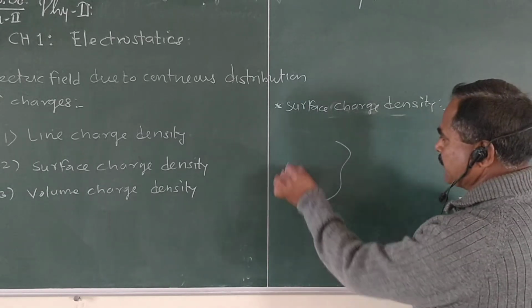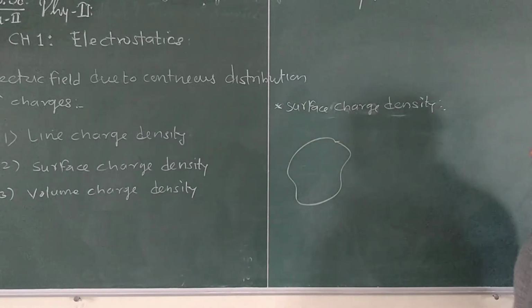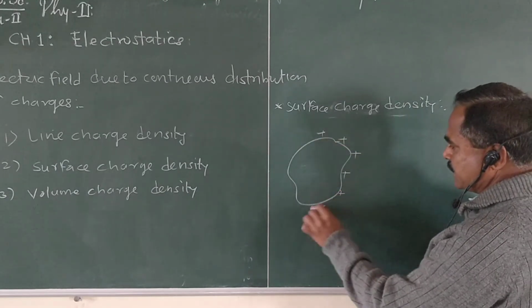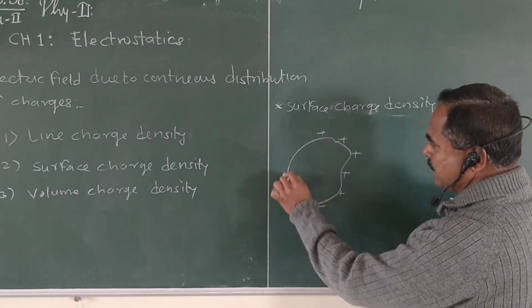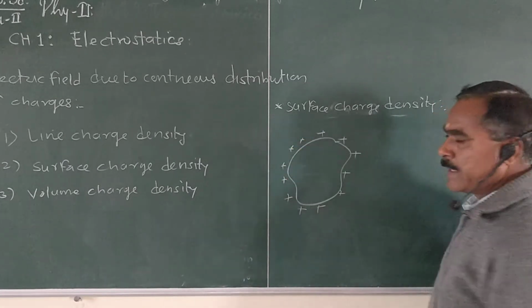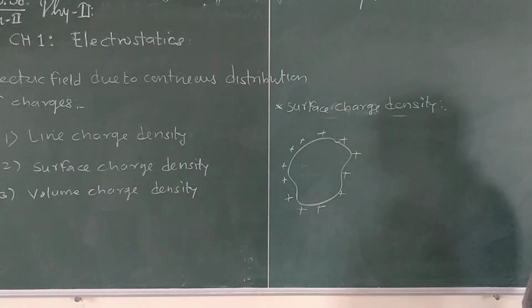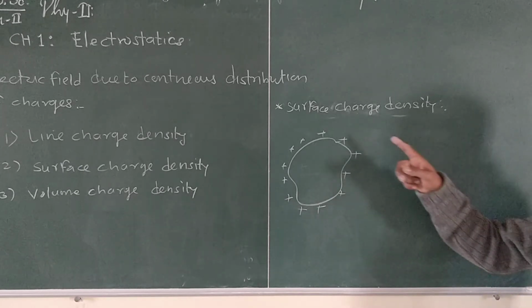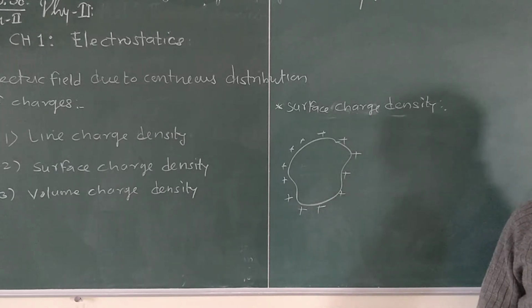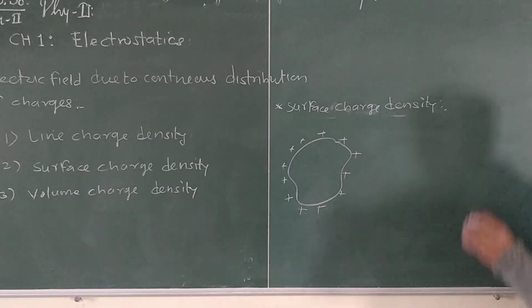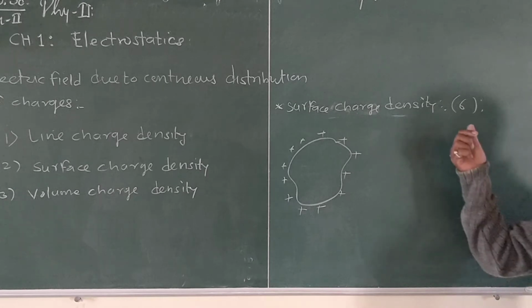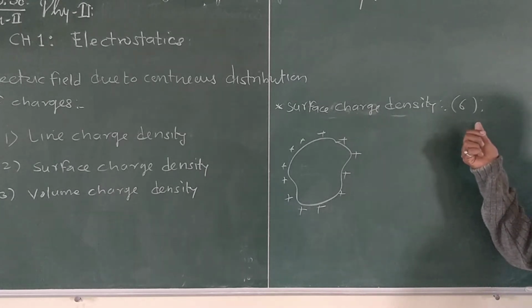So we consider a surface like this, and there is continuous distribution of charges. When there is continuous distribution of charges on the surface, then it is called the surface charge density, and it is denoted by the symbol sigma.